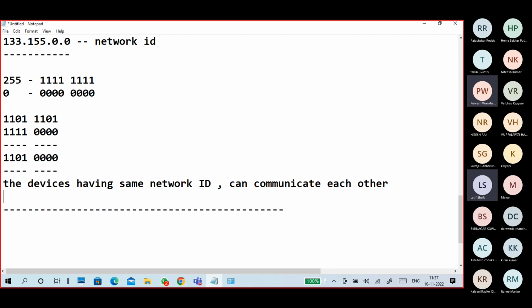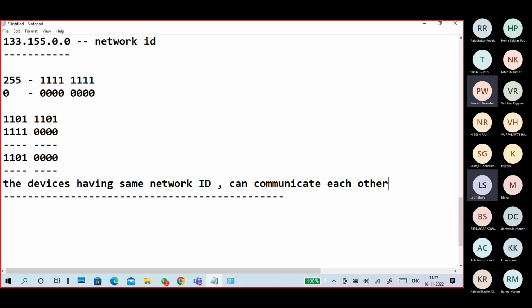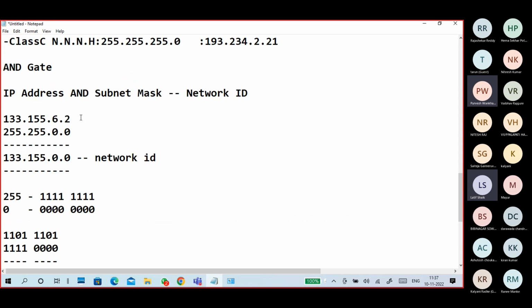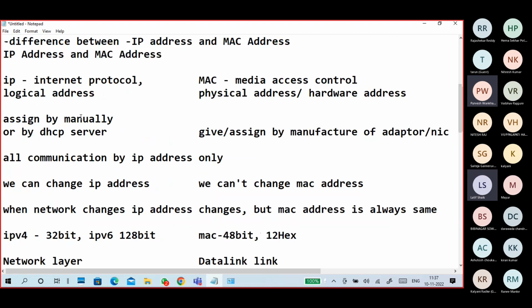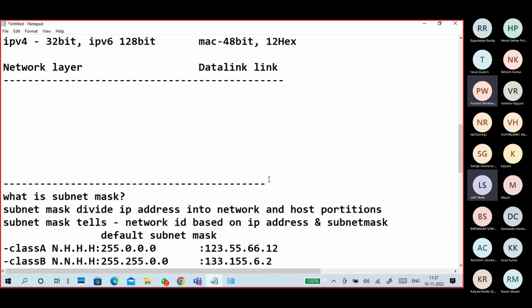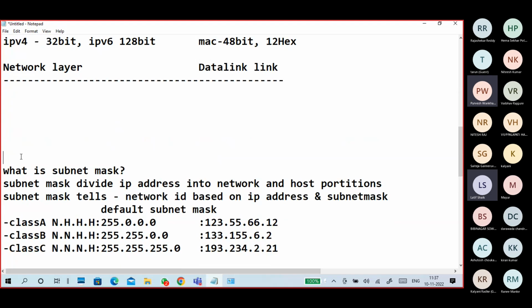Okay, different network ID, they cannot communicate each other. So find out the network ID whether they are communicating each other. How it will find using subnet mask. There are 2 points. See, very beautiful points we discussed, and now we find it.